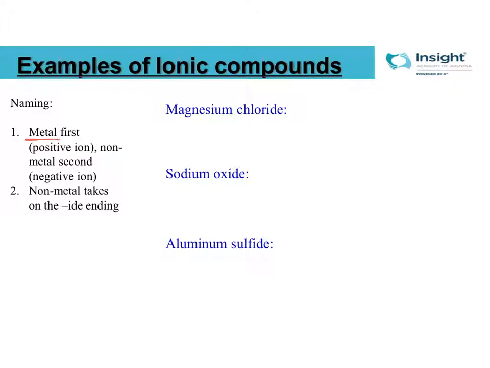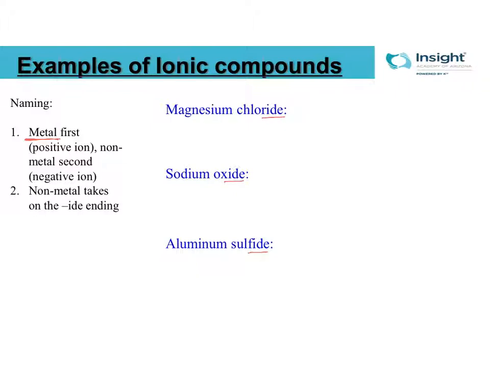So the metal always comes first, and you just write out the name of the element. There's no change to it. It's just magnesium, sodium, aluminum. The second word is always going to be your nonmetal, and that word is going to be changed a little bit. You're going to chop off the end of the word and throw on an "ide."